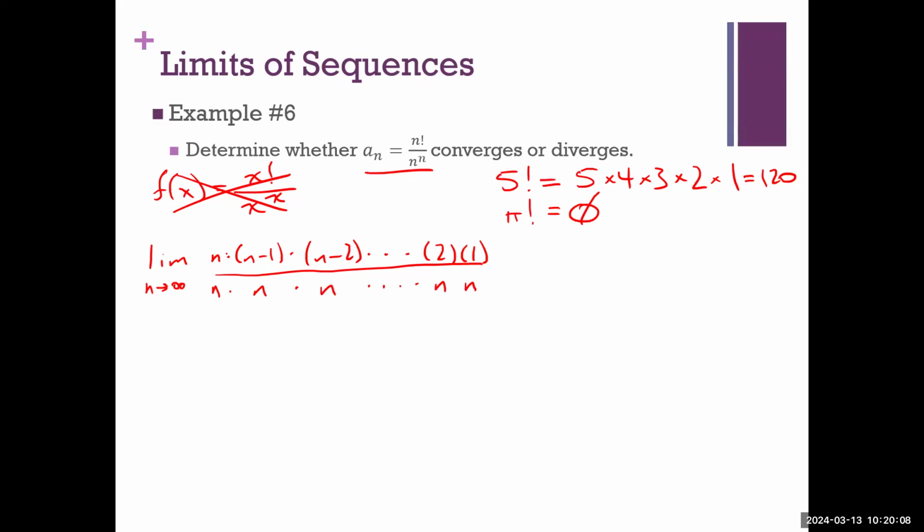But now that I've written this, do we have any kind of intuition about what's going to happen? I like the way that it was put before. Figure out which grows faster, the numerator or denominator. Should be the denominator, right? How come?